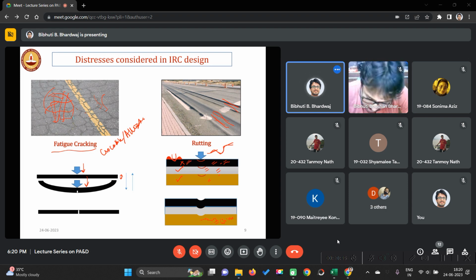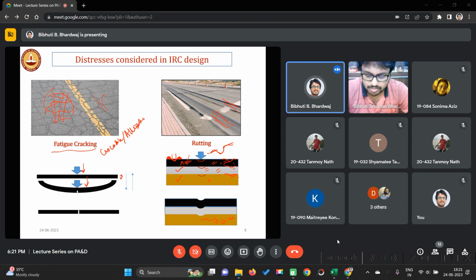But if you see the depression is like this, that means this material is depressed here, at the soil level. Then you can say that the problem is at the subgrade level. So if you see this kind of situation, what will you do as an engineer?